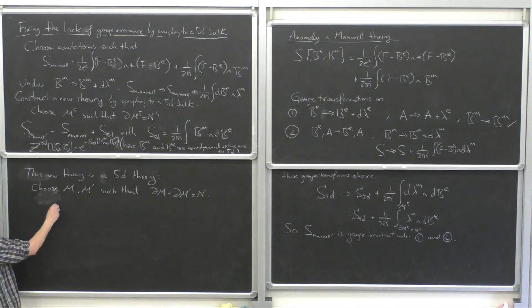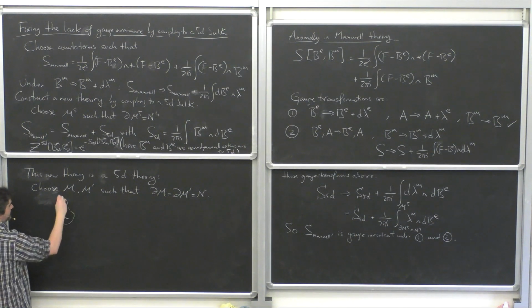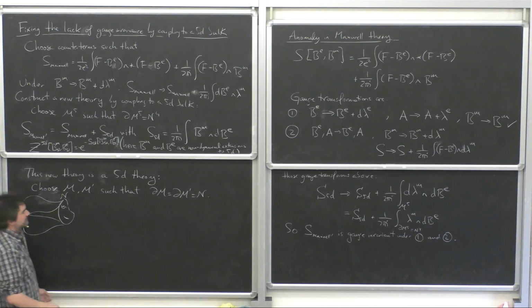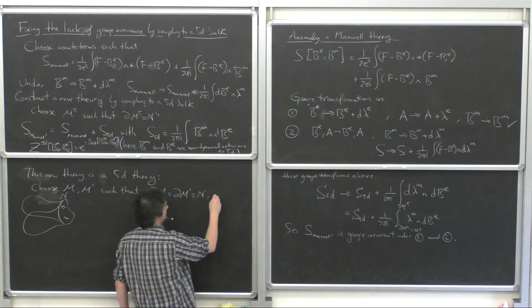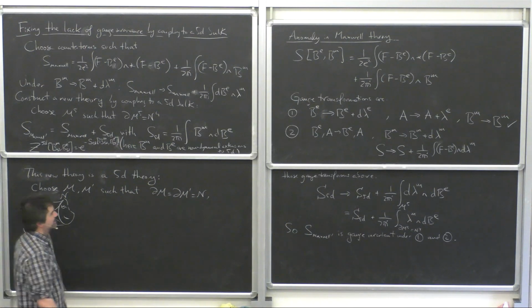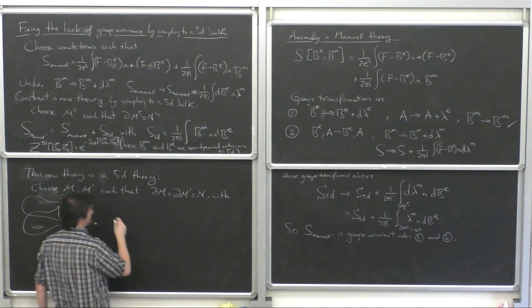So the picture is that I have my Maxwell theory defined on some N here, and I pick two extensions. These extensions can be quite different topologically, but even if you pick the same extension, you still have to pick the extensions of the background fields.